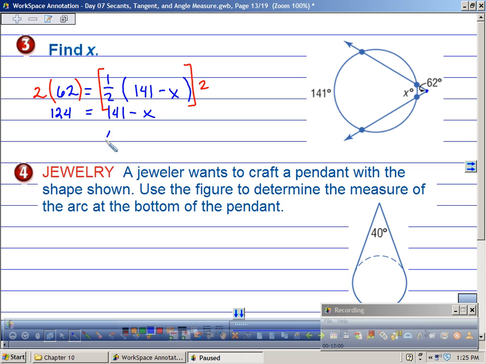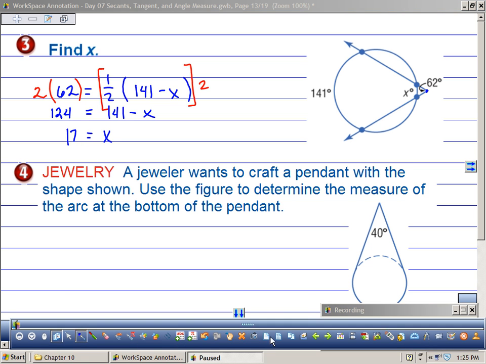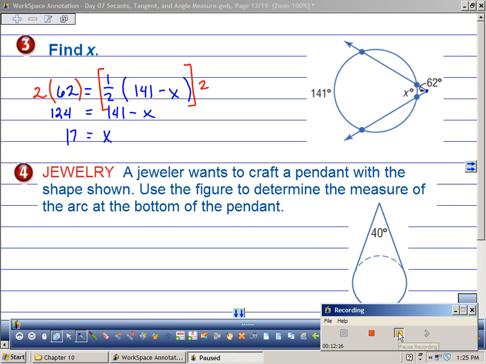Isn't that a lot easier? So what's x? Anybody have an answer for me? 17. Good job. I'll give you a second to write this last one down.